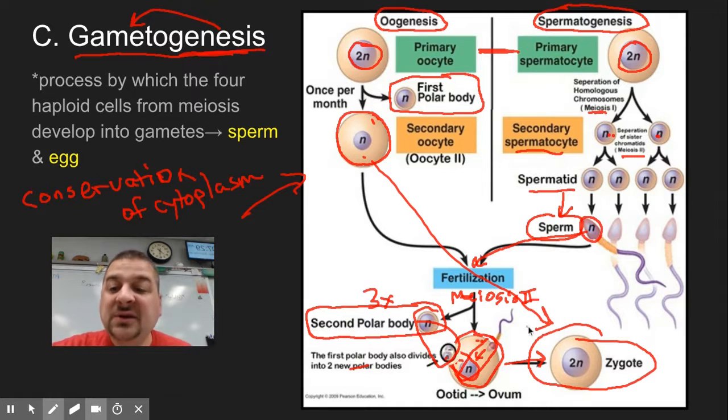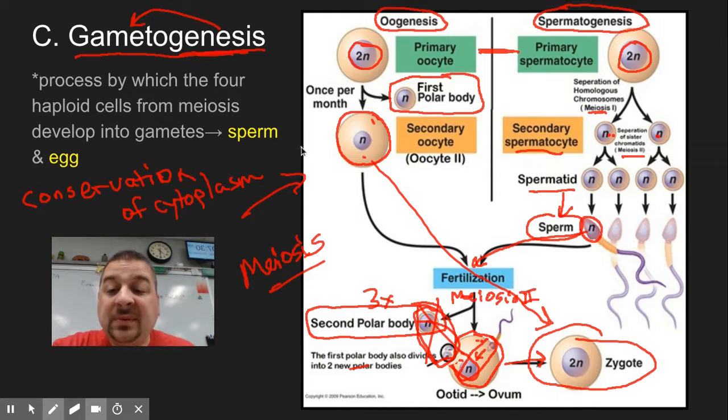So it has a lot of the machinery it needs to start growing. Okay, then the polar bodies here are just discarded. And then you have the one ootid that becomes the ovum or the egg that is fertilized and then becomes a zygote. Smart, right? Okay, so just kind of an overview of how we use meiosis to form gametes.